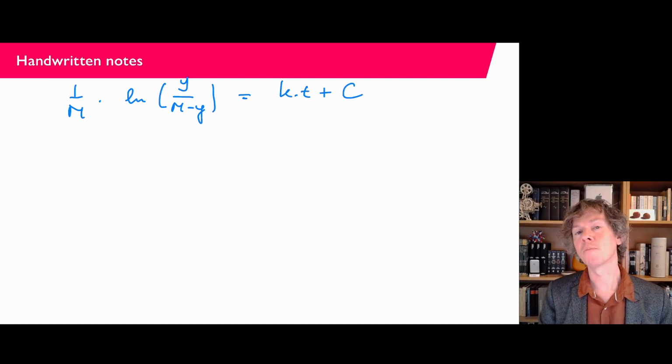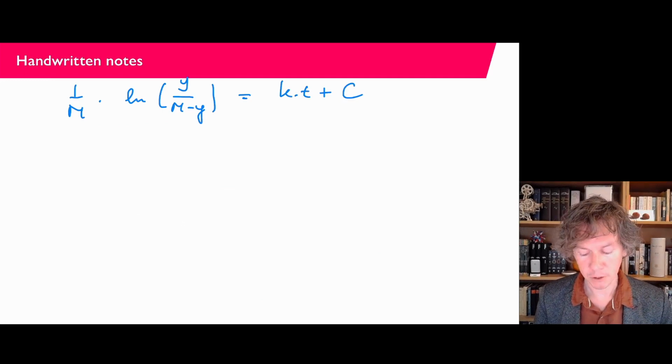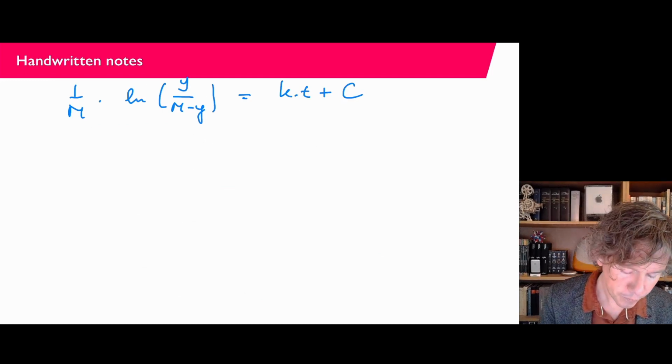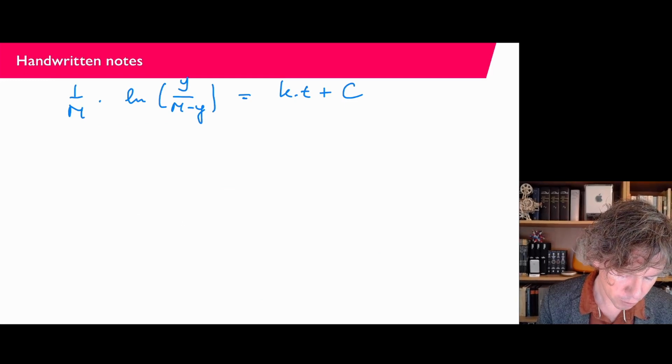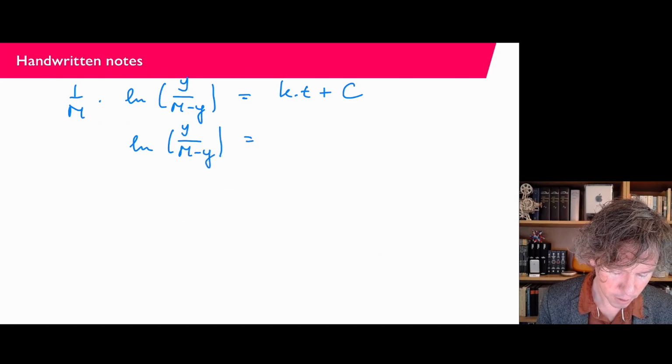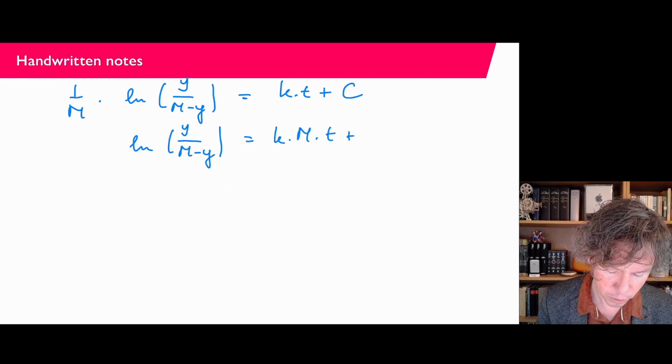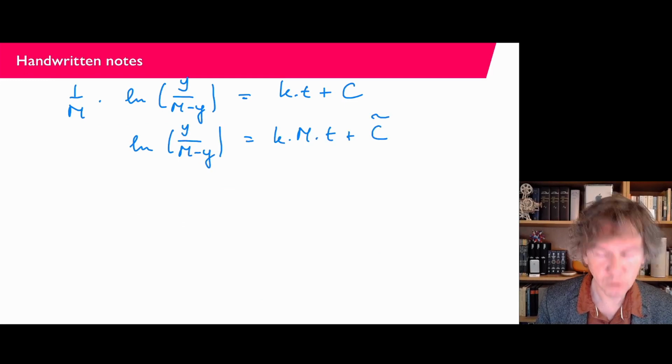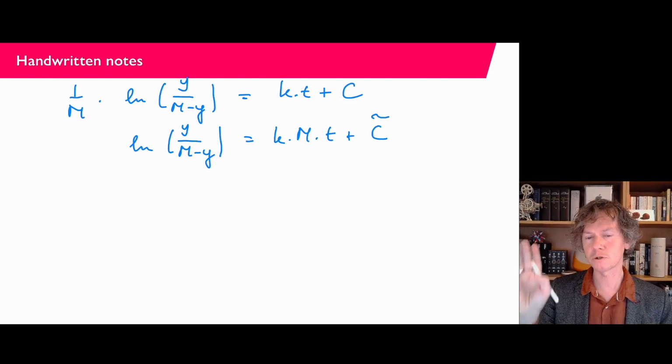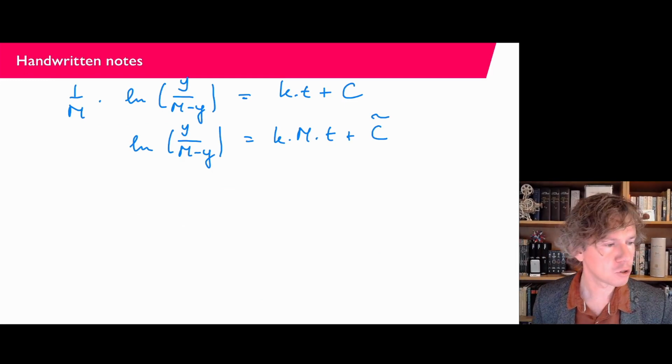So I can multiply both sides of the equation with capital M. ln of y over m minus y is k times m times t plus, well, c times m, I'm going to call that c tilde, because it's just a constant. I don't care about this extra m there.